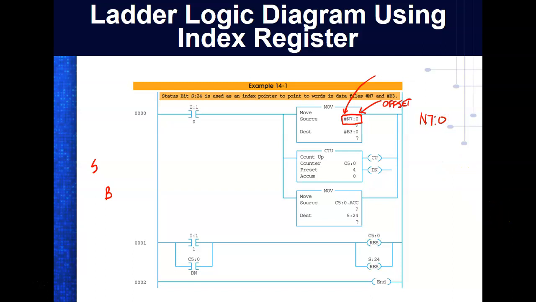That makes sense. Now, what we do with index addressing is that we can use instructions that automatically change the offset for us. Index addressing gives us the ability to go through a table. A table is basically just a list of information.